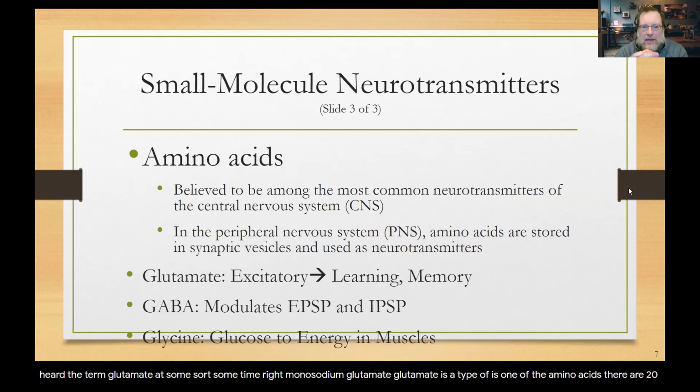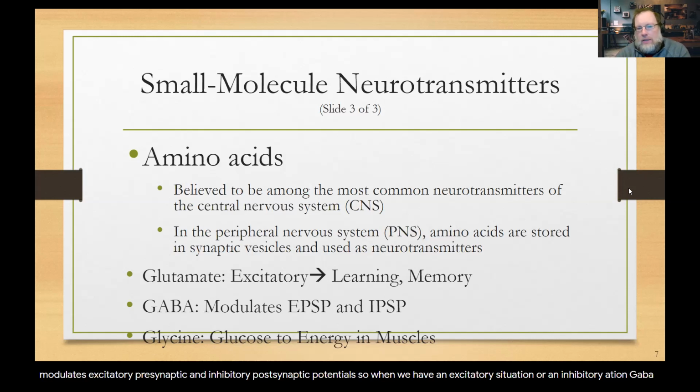And then we see GABA, which modulates excitatory presynaptic and inhibitory postsynaptic potentials. So when we have an excitatory situation or an inhibitory situation, GABA is an amino acid that's going to trigger the excitation, or slow down and encourage inhibition, or slowing or stopping of a transmission.